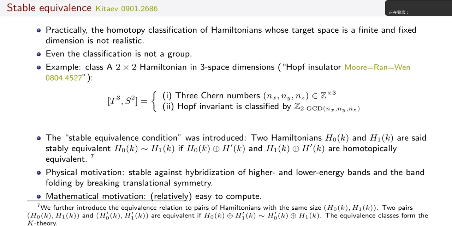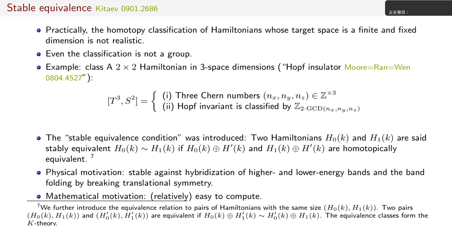Then the answer is, first you have to specify Chern numbers. There you have 3 Chern numbers, nx, ny, and nz. And depending on these Chern numbers, in addition to the Chern numbers you can define a Hopf invariant.